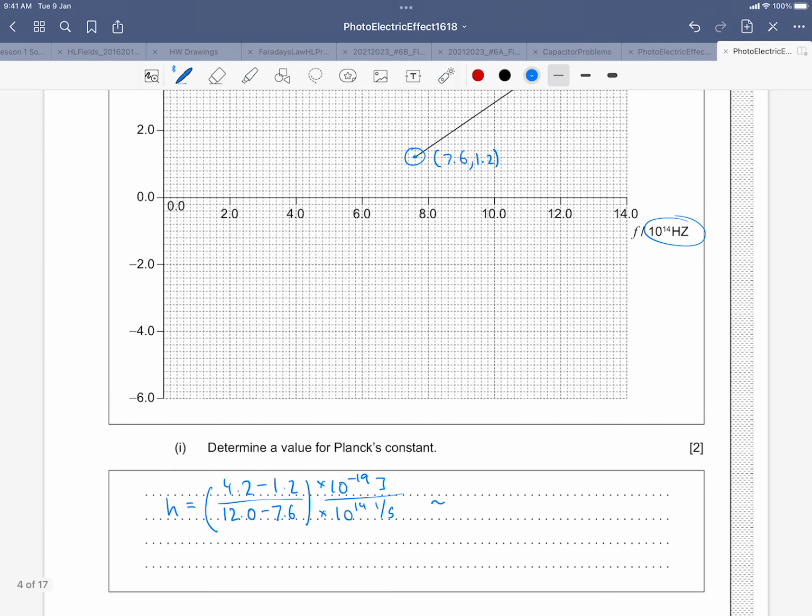You plug it into your calculator, you get something like this, comes out in the right unit, and this is 6.8 times 10 to the negative 34, so close enough to Planck's constant, 6.63.